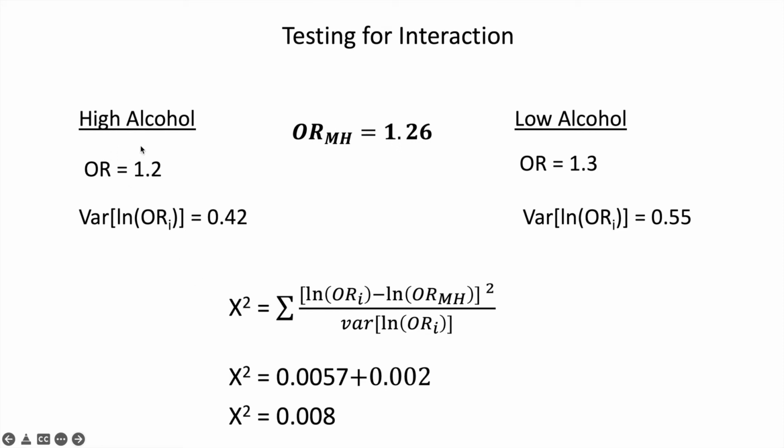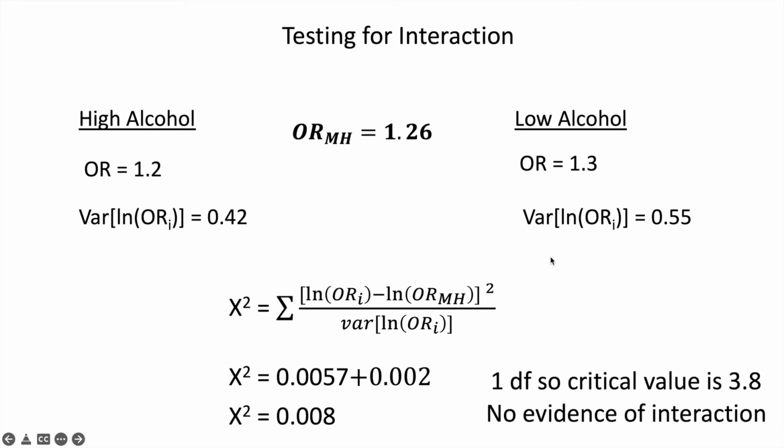We have 2 rows and 2 columns that went into this calculation, so 1 degree of freedom. The critical value there is 3.8, and our statistic is much lower, so that tells us that there's not evidence that these two numbers are very different, and we can be confident that there is no interaction.